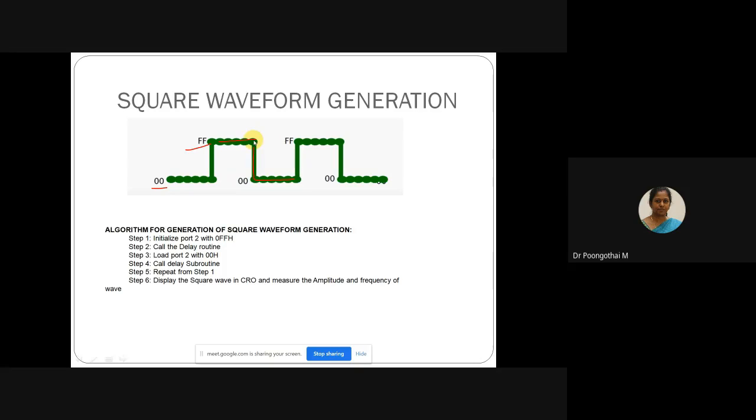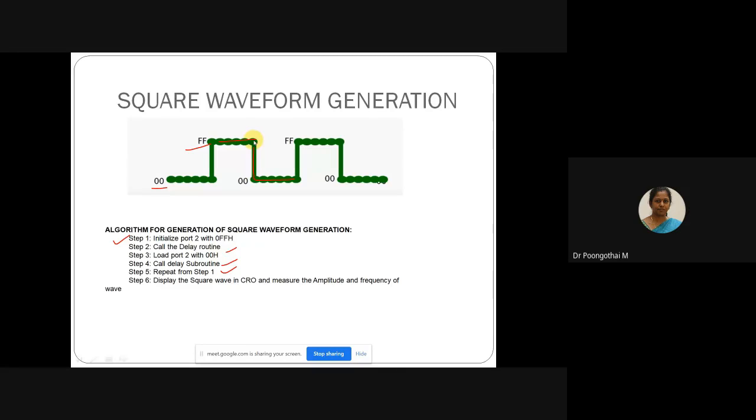So first we will send 0 to port 2, then call a delay routine. Then we will send FF again, then call the delay routine. Then repeat the steps from step 1. In this way we can generate the square wave.